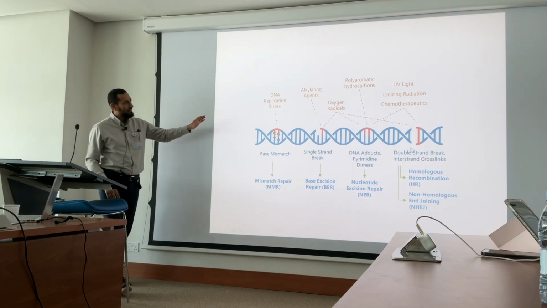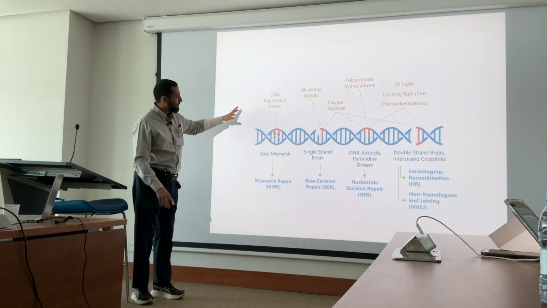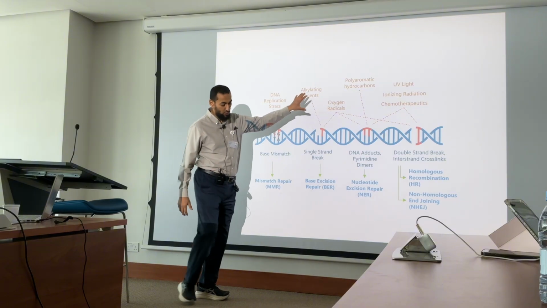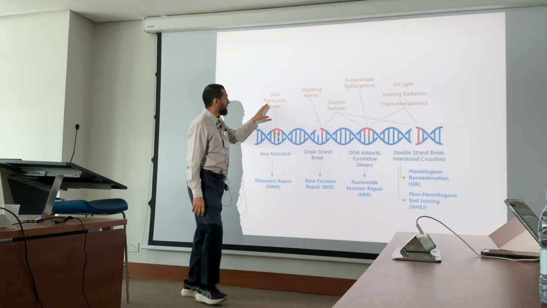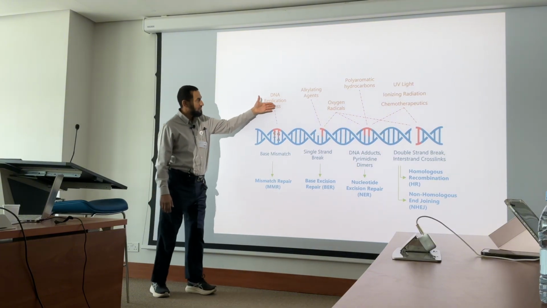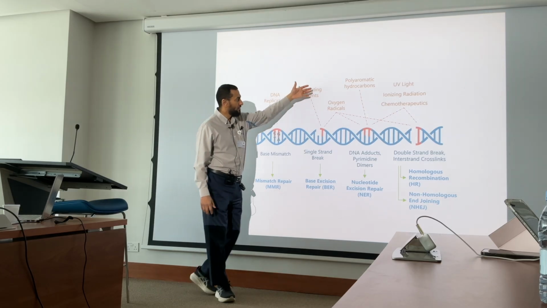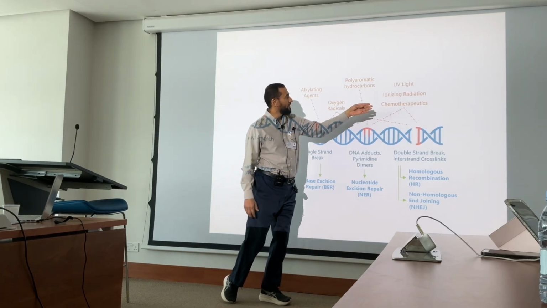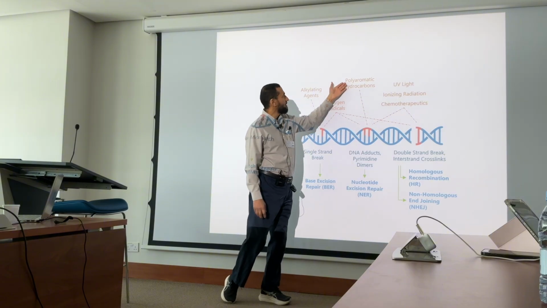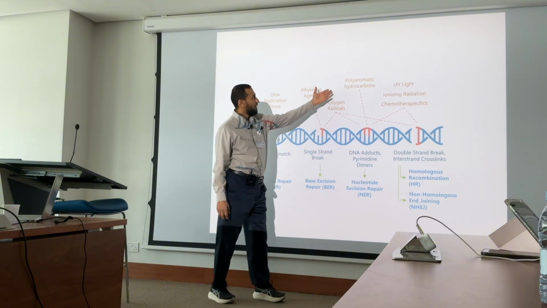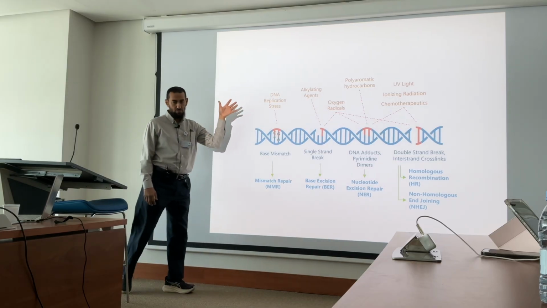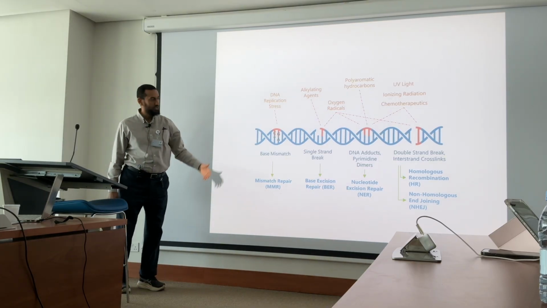This is just an illustration to show you the sources of damage to our DNA: replication stress, alkylating agents, oxygen radicals, ultraviolet and ionizing radiation, chemotherapeutics, polyaromatic hydrocarbons, and other materials that may affect our DNA.